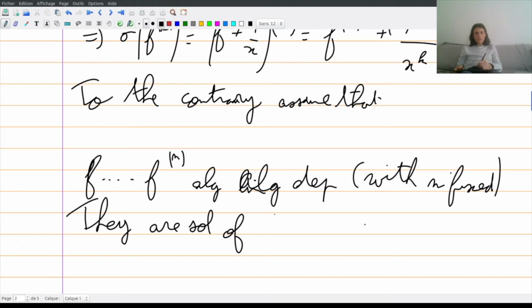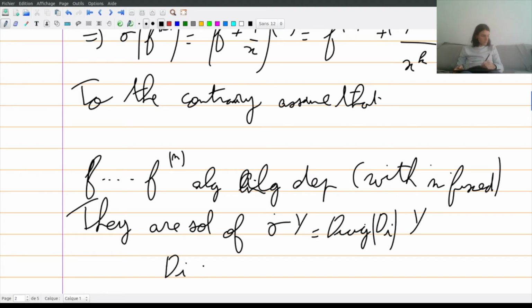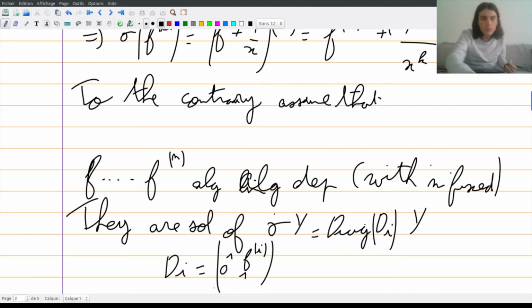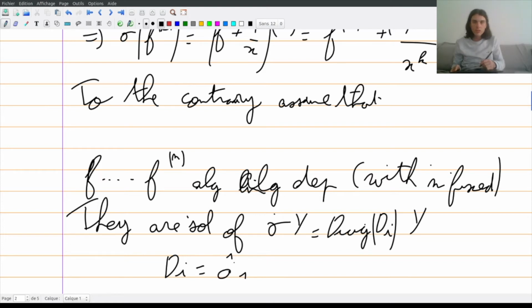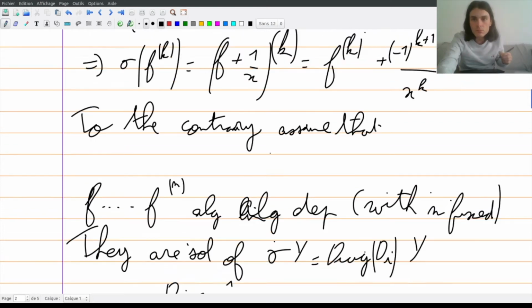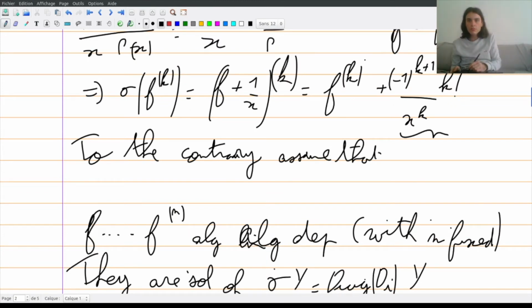The solution of a system of this form, and the di are 2 by 2 lower triangular matrices. So this term, let me denote it by ak.